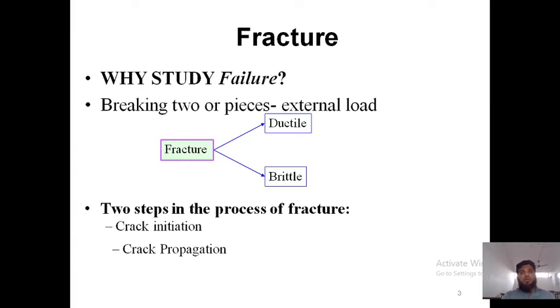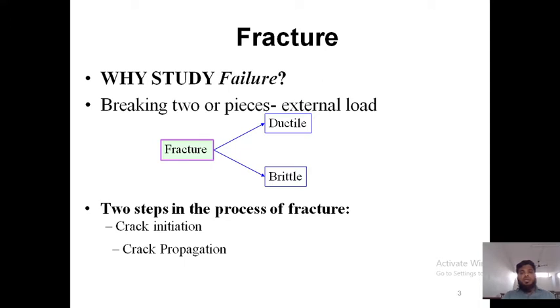When you keep on hitting a steel, the steel will first bend. Once it bends, if you keep on hitting at the same position, a small crack will be initiated. After that crack, the material will break into two pieces. So in a ductile material there will first be plastic deformation, and after plastic deformation the material will break into pieces.